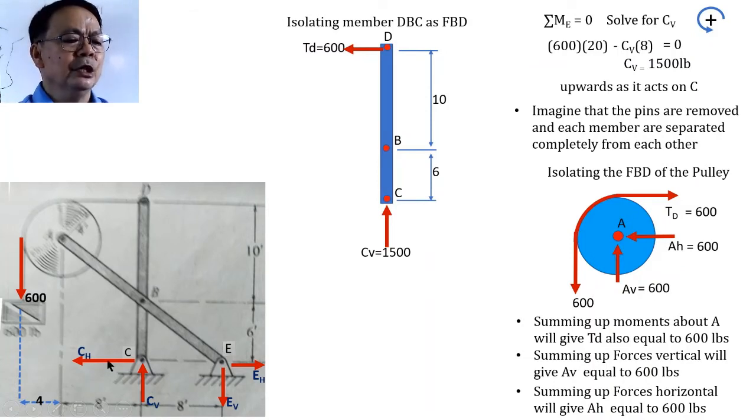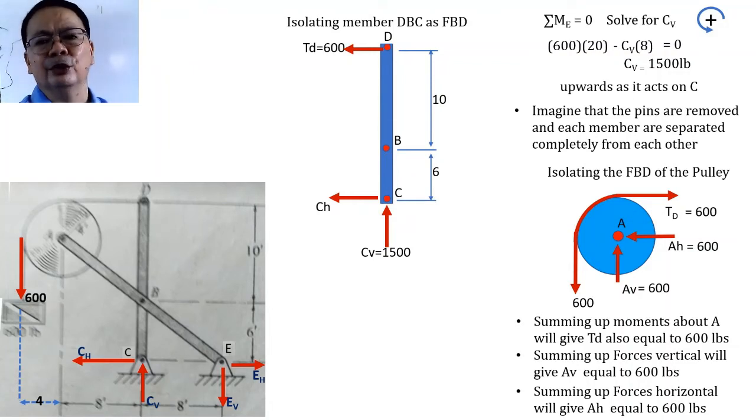At C sub H, we have assumed it to be directed to the left, so we show it directed to the left with an unknown magnitude C sub H. Then we have to show the force exerted by the member ABC upon this member DBC at point B. Since we have removed the pin, we have to show the force exerted. Since we do not know the magnitude or direction, we can assume the direction and simply label the magnitude by any kind of symbol.